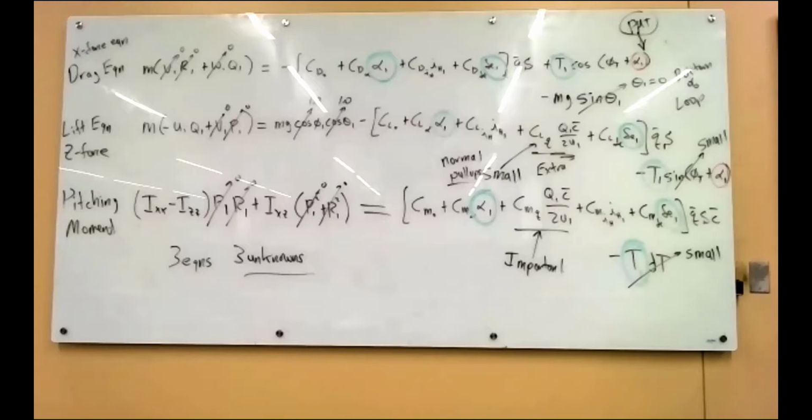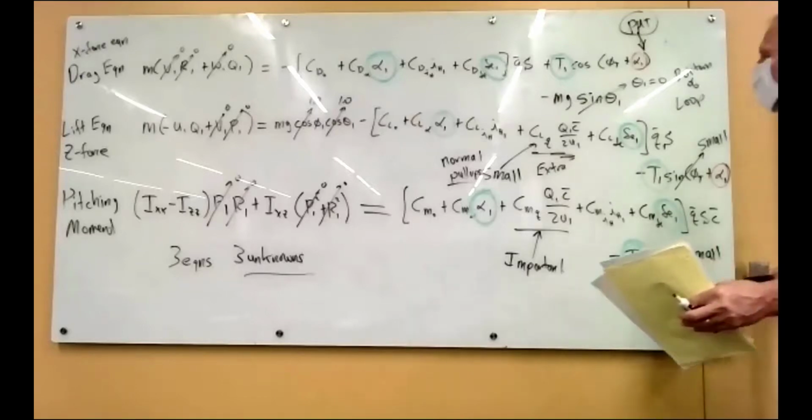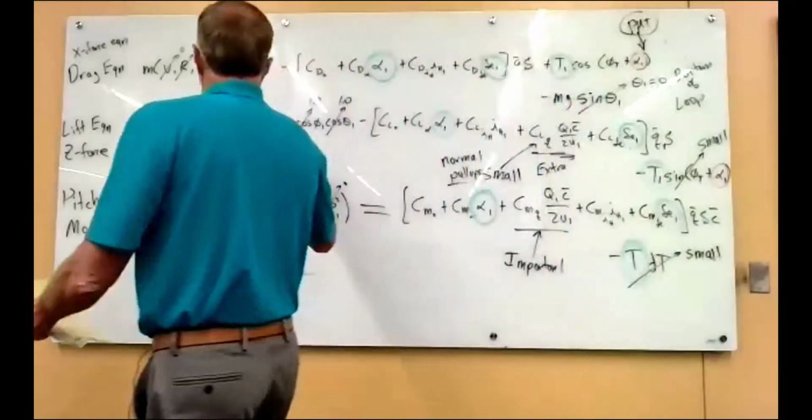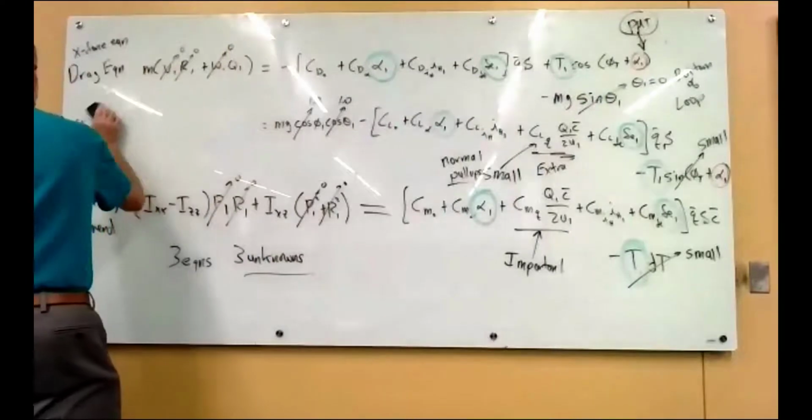Oh, here we go. So let me knock out the terms that are gone, and we need to talk about one term in particular here. In fact, I want to erase a little bit here, and then we're going to write the two equations we're going to deal with. So let's see. This is gone.